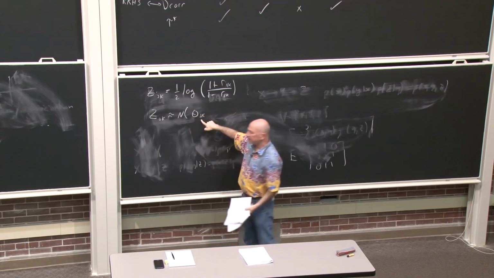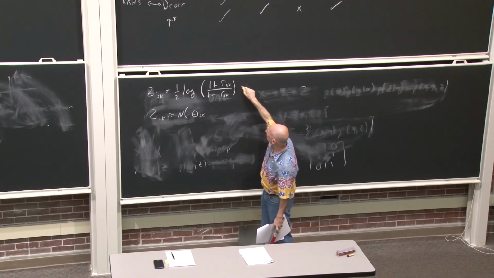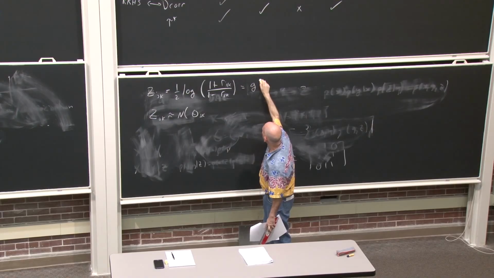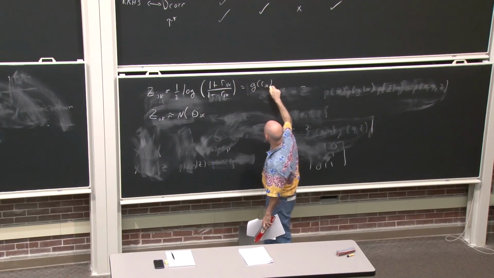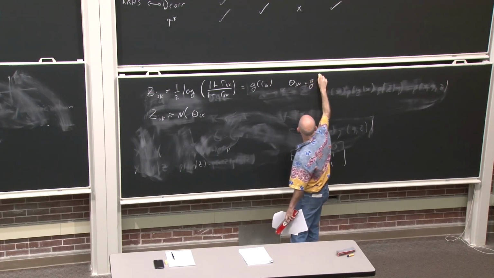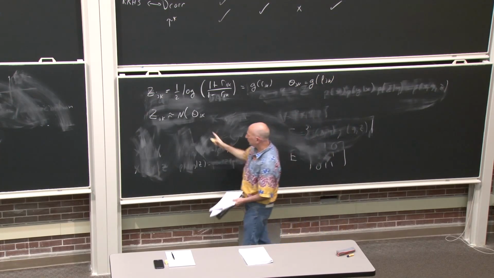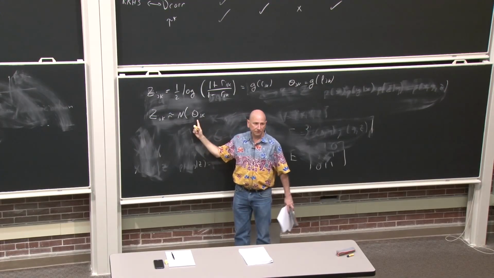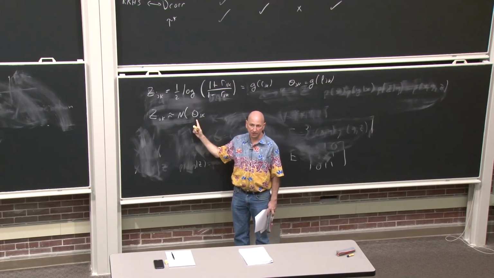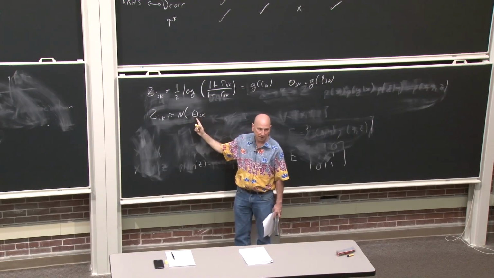What is theta jk? It's exactly this function applied to the correlation. So if I call this g of r, then theta jk is just g of the true correlation. And in particular, this is 0 if and only if the correlation is 0. It's easy to check. So testing whether rho is 0 is the same as testing whether theta is 0.